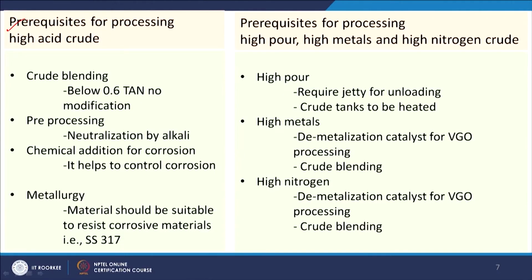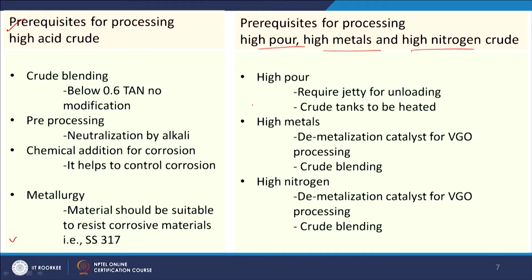Now, we will see the prerequisites, what are the options or what we can do for the processing of this type of crude. So, there are some prerequisites. If TAN is very high, acid number is very high, then there are some prerequisites as mentioned here, and if it is a high metals, high pour point and high nitrogen content crude, then also we have some prerequisites.